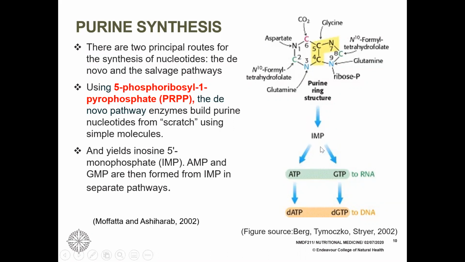IMP, inosine monophosphate, is the intermediate compound. From there, the body makes adenosine triphosphate and guanosine triphosphate. Then it also goes on to incorporate this into DNA structure. So from this one, just remember this first starting point for purine de novo synthesis.